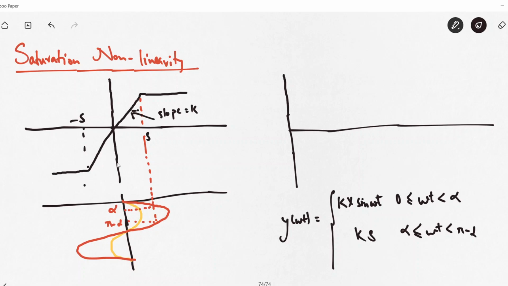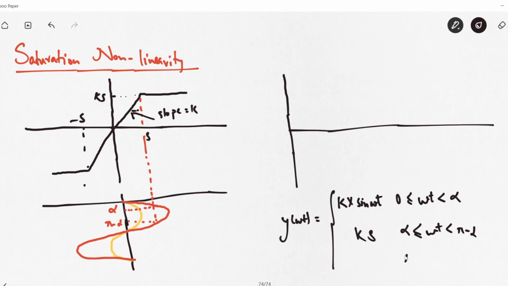So beyond this value, if this is s and the slope is k, therefore this point will be ks. So what we see in case of linear saturation, whatever is the magnitude of the saturation, that will be visible at the output as well.